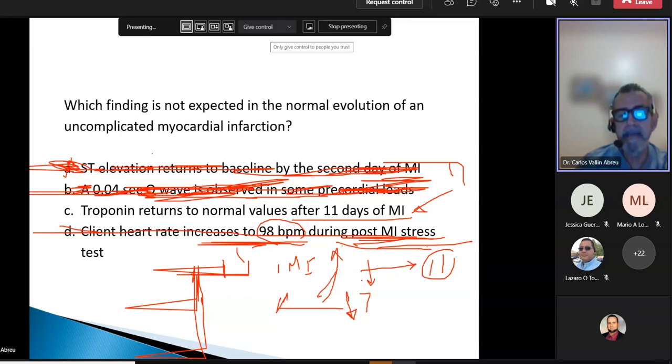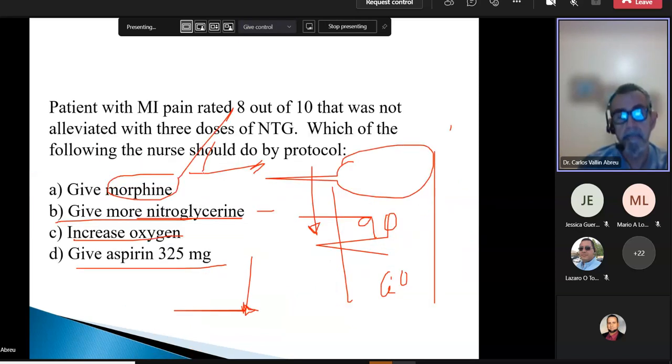But now on the 5th day there is another infarction, and that's why the troponin stays elevated. So this is a manifestation of extension of the infarction or reinfarction. This is what happens when the troponin stays elevated longer than expected.